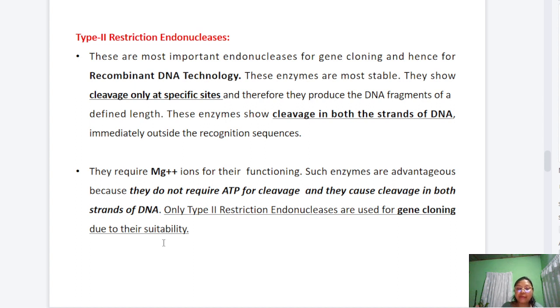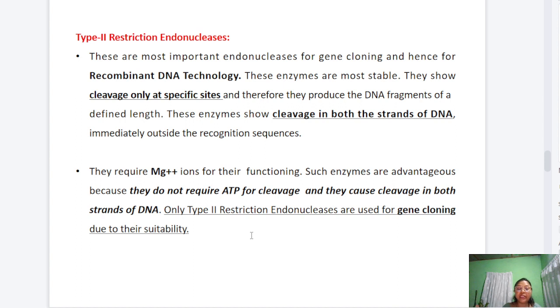They require magnesium ions for their functioning. If you remember, type 1 requires ATP as well as magnesium, whereas type 2 requires only magnesium for its proper functioning. Such enzymes are advantageous because they do not require ATP for cleavage and they cause cleavage in both strands of DNA.